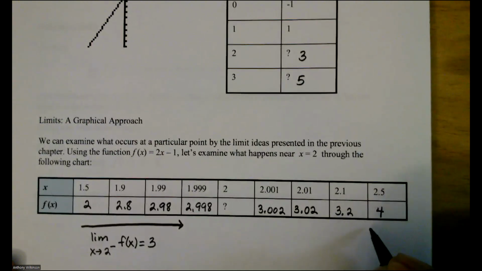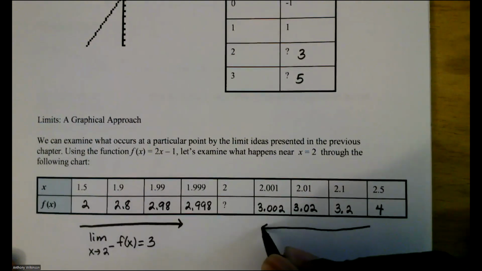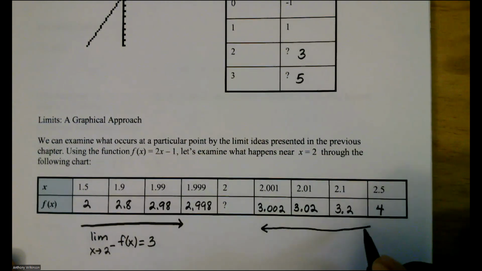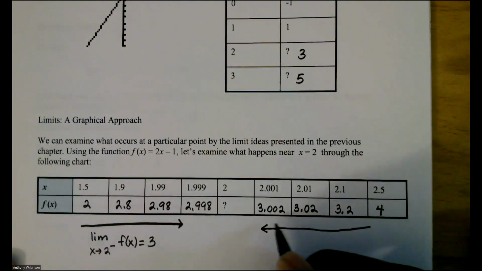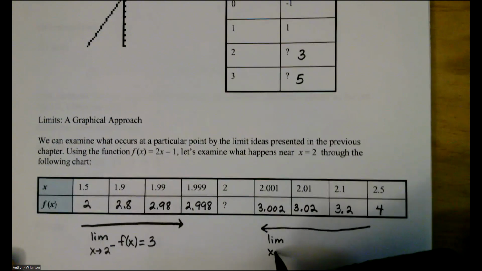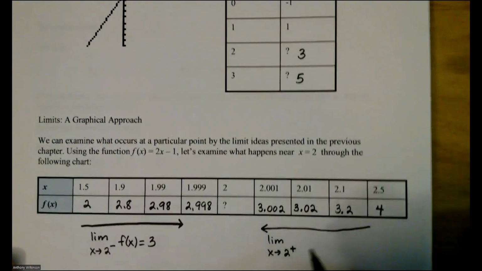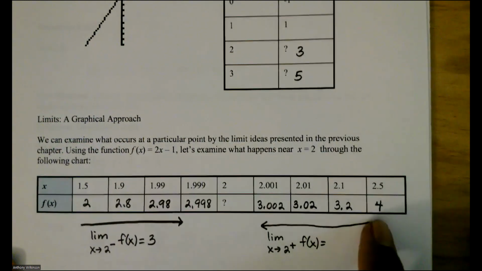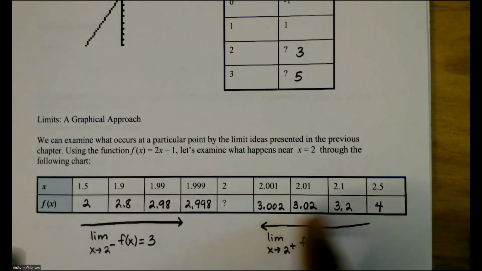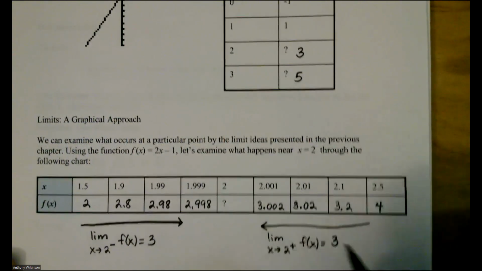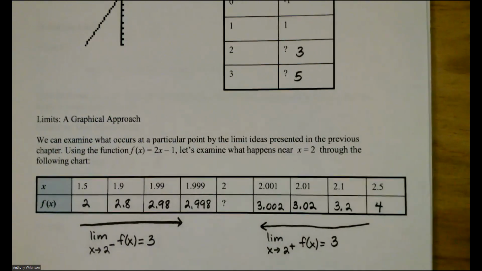And let's look at this from the right, because these values are to the right of 2. So when we get closer and closer to 2 from the right, we can write this notation, the limit as x approaches 2 from the right of the function f of x. These values of f of x are going to get closer and closer to 3 as well.